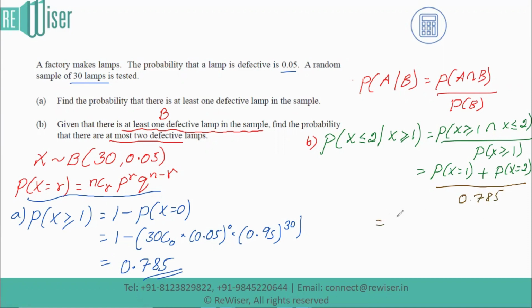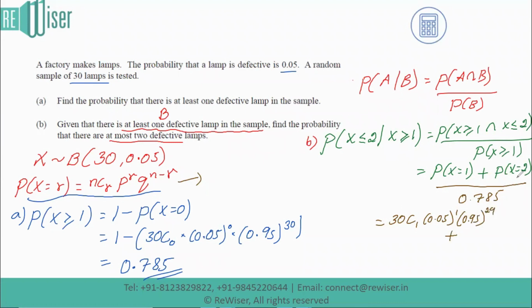So if I calculate the probability of X equals 1, I can use this formula, where in place of r we have 1. That's going to be 30C1 times 0.05 to the power of 1 times 0.95 to the power of 30 minus 1, which is 29.